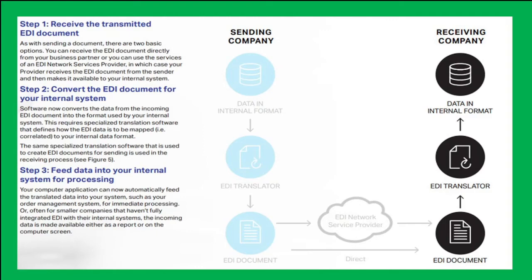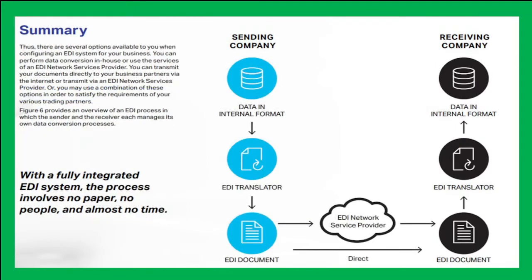This is the process of the receiving company. It takes the transmitted EDI document, converts the EDI document for our internal purpose to view in our format, and feeds the data into the receiving company's system. So this is the EDI process. Just look at the sending company: the translator converts it to an EDI document, transmitted in this format.